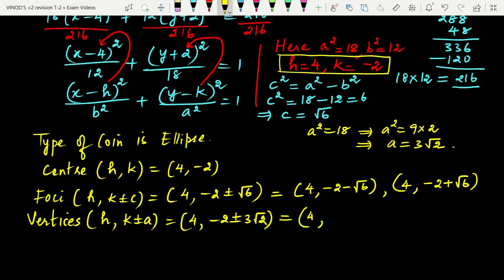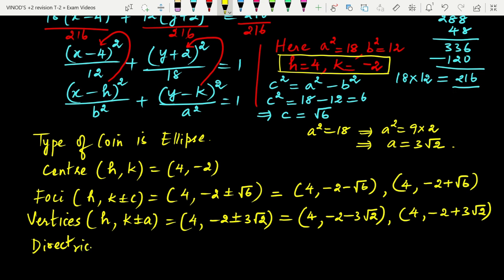So the two vertices are (4, −2 − 3√2) and (4, −2 + 3√2).